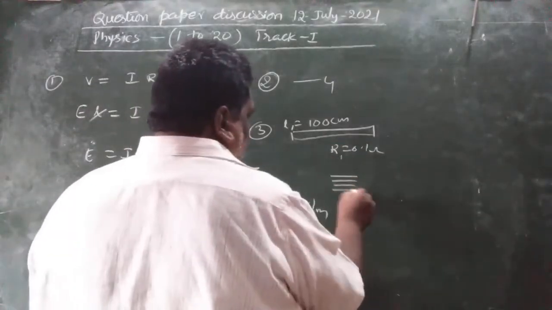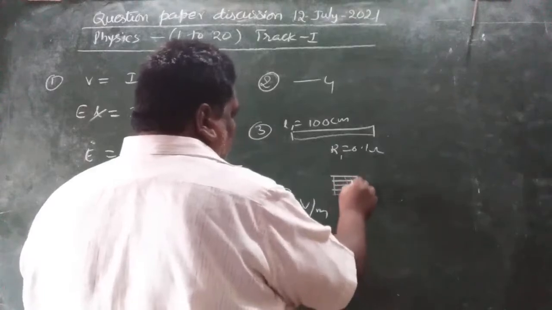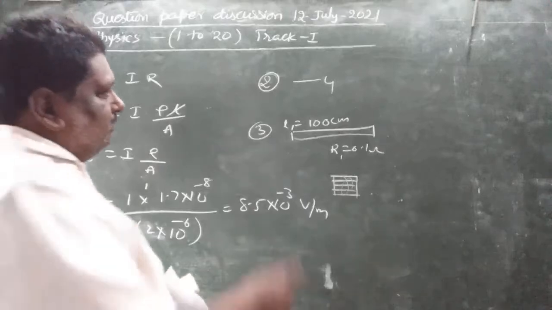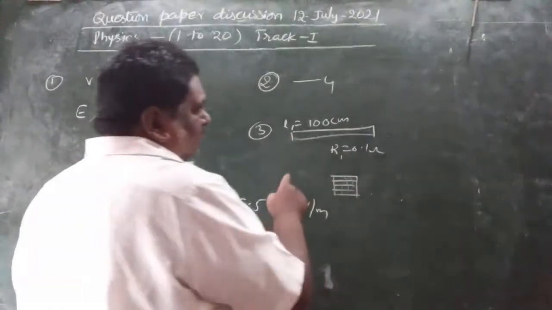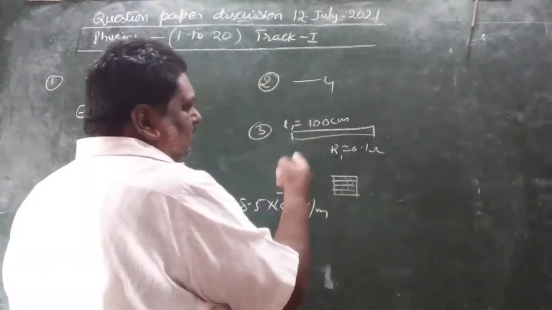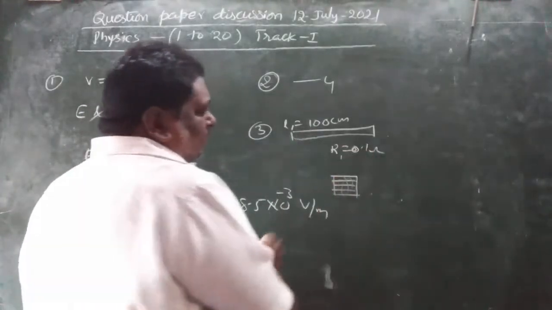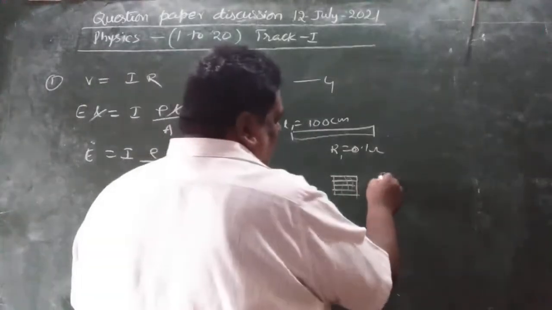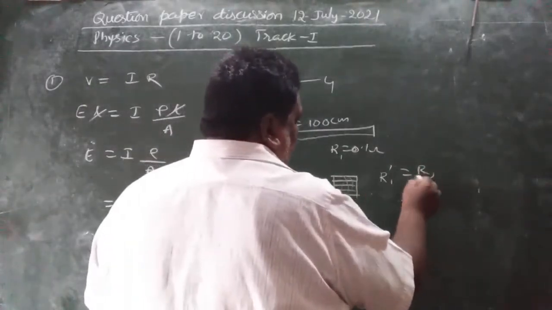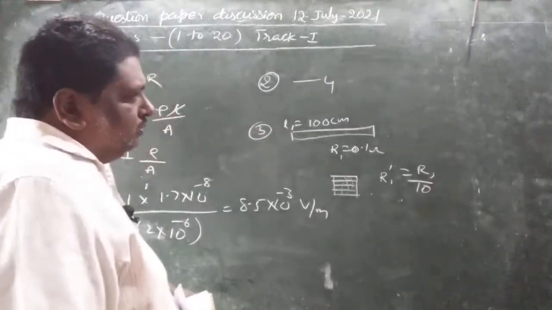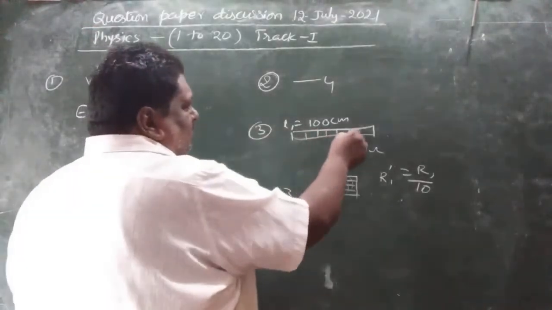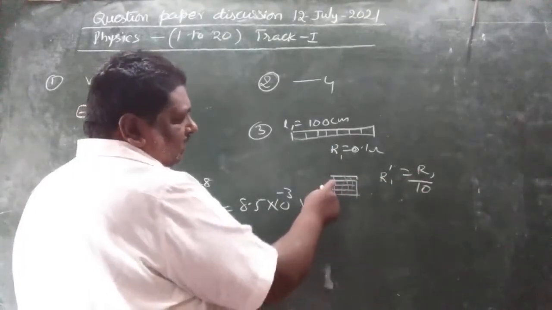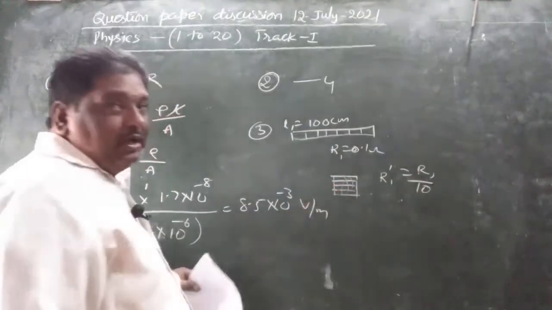Length is proportional to resistance. It is cut into 10 equal parts, so each part's resistance is R1 by 10. One part value R by 10, second R by 10, third R by 10, and so on.